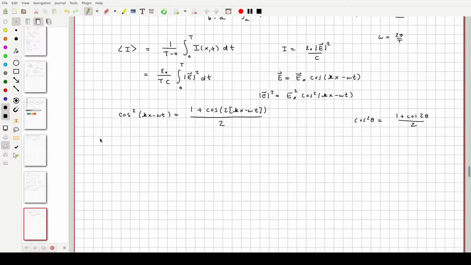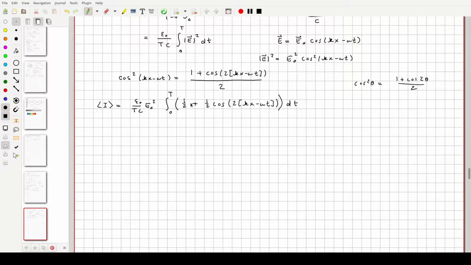So what that means is that my intensity here, on average, is going to be epsilon naught over T times c. So that takes care of the leading stuff right here. I have an E naught squared. And then I'm integrating from 0 to T 1/2 plus 1/2 cosine of 2 times kx minus omega t dt.